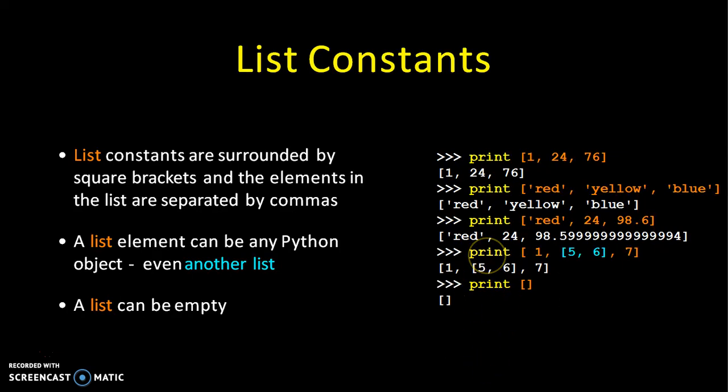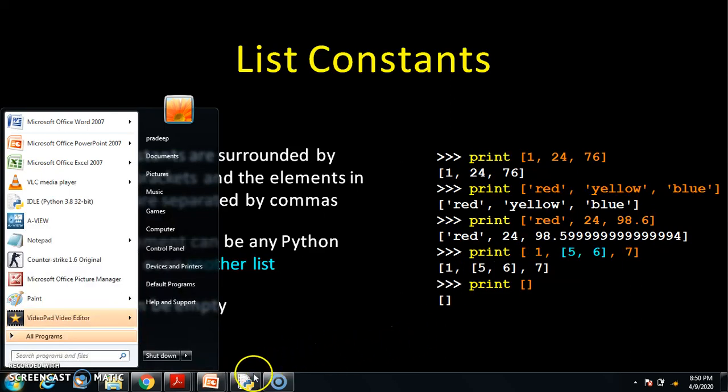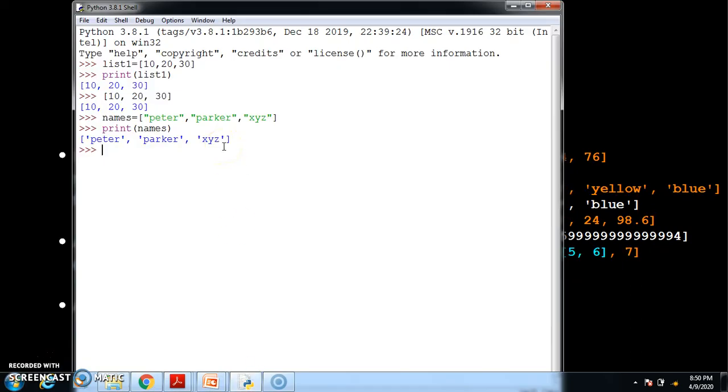For example, list1 equals 1, comma, and if you want a nested list you take another square bracket, close it to close the inner list, and have the values for the outer list and close the outer list.